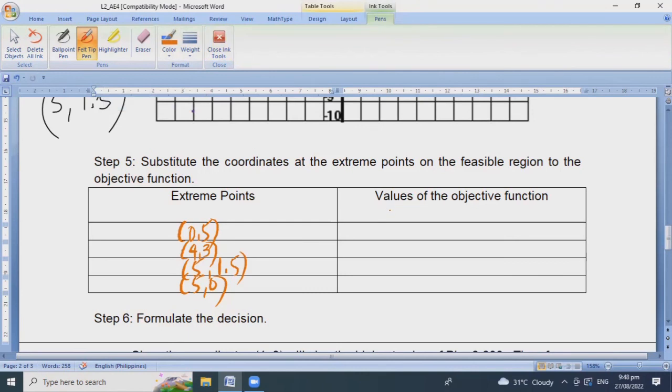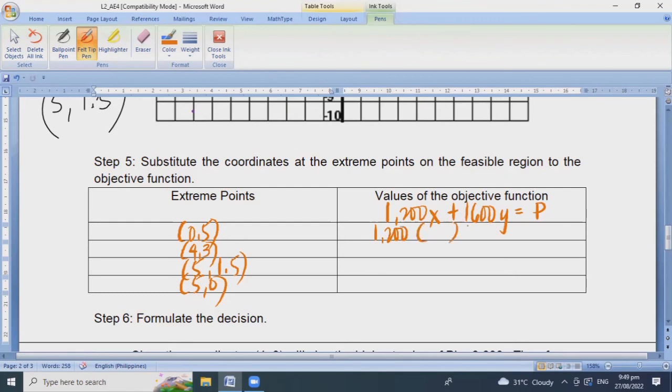Ano ba yung objective function nyo? Profit. So, 1,200 times design A gown, kung ilang magagawa, plus 1,600 times design B gown is equal to profit. Then, copy this one 4 times.